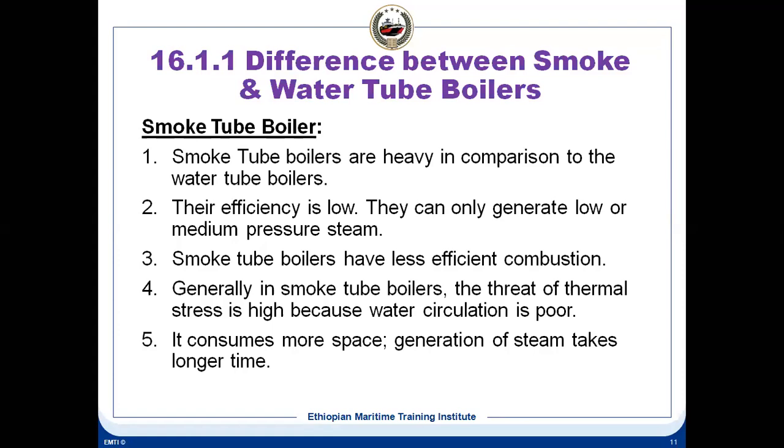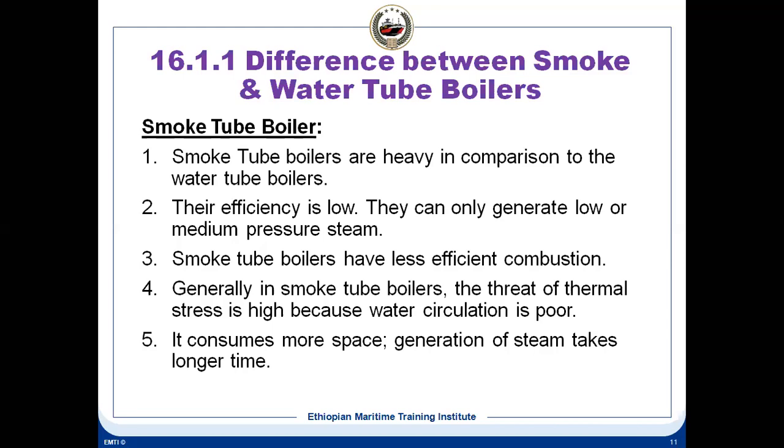Basically, it's like a drum. Since it is made like a drum, the flat surface area is quite a bit. So for it to be able to take pressures, the thickness of the material used in a smoke tube boiler is also higher. As a result, it is made heavier as compared to a water tube boiler.